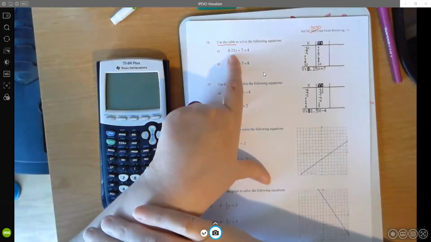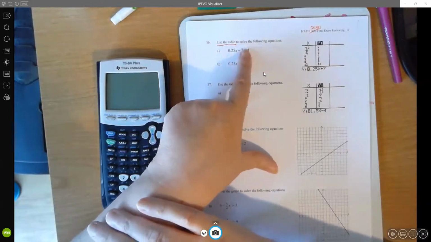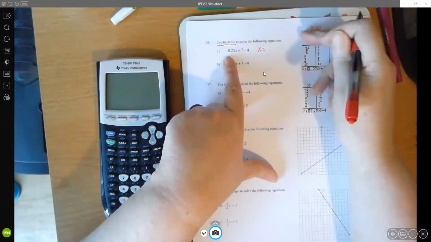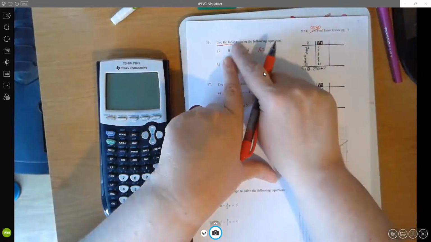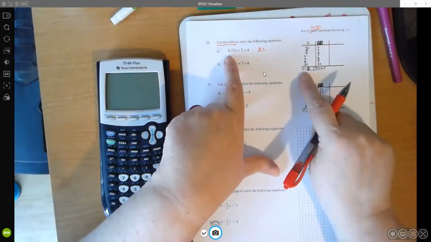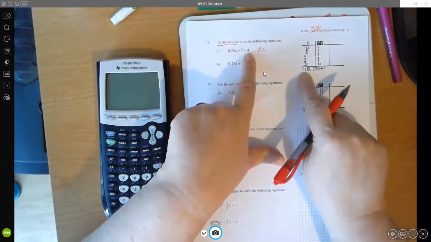So it says 0.25x plus 4 is equal to 7. And then when it says to solve, that means it wants an answer that x equals. So our answer will be in the x column. And so this is the x, and then this is saying the y is equal to this. So the y value is over here.